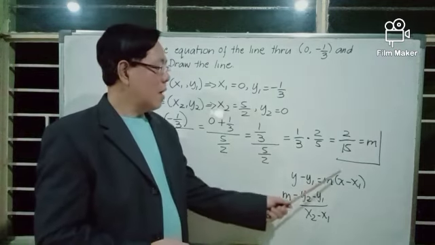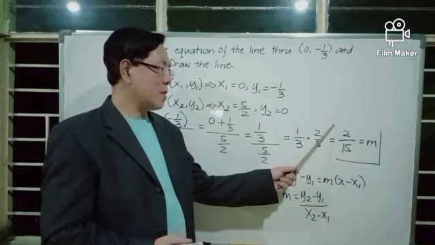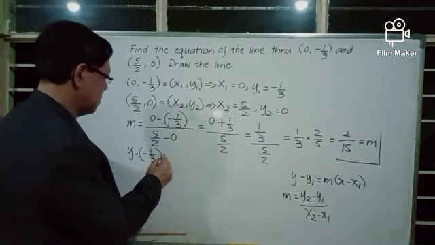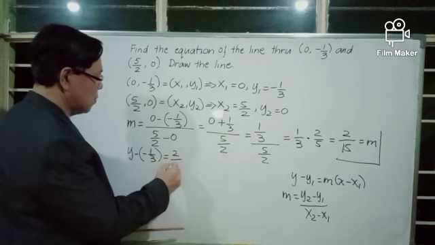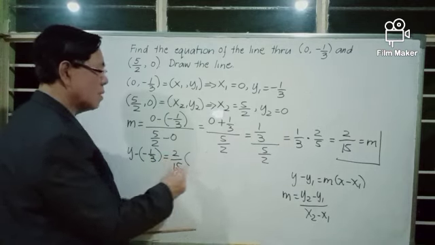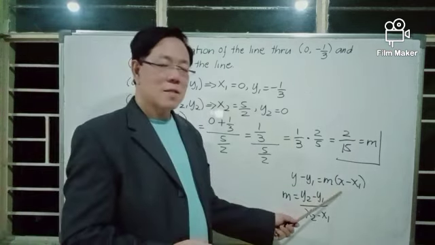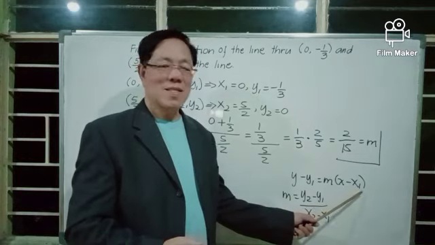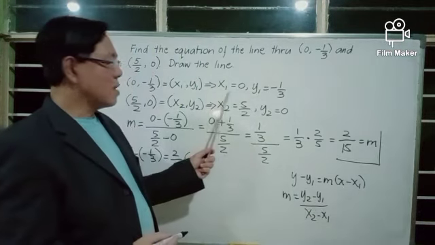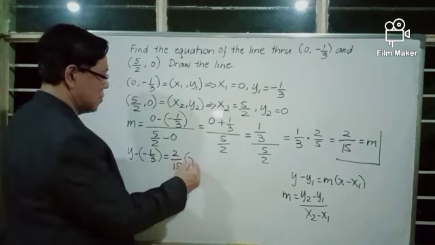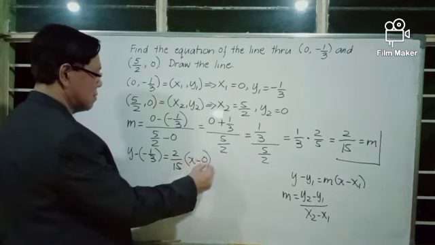Equals m. Our m, or slope of the line, is 2/15. Equals 2/15 multiplied by x minus x1. Our x1 is 0. Multiplied by x minus 0.